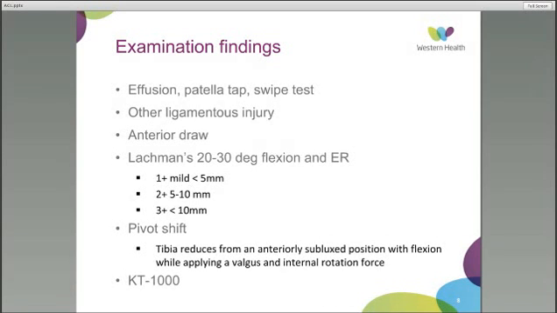That's thought to be a more specific test for how the knee is going to behave after reconstruction. And the KT1000 test is essentially a Lachman's type test that can measure the degree of anterior translation of the tibia, so is very helpful for literature.